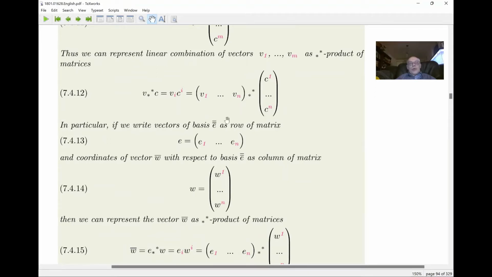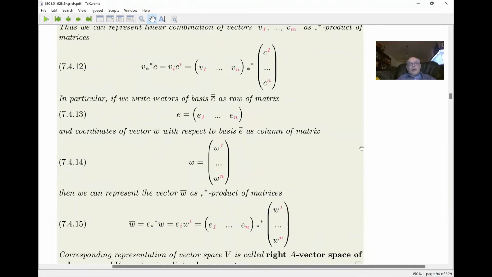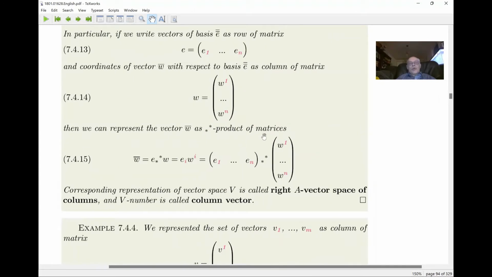In particular, if we write vectors of basis E as row of matrices 4.13 and coordinates of vector w with respect to basis E as column of matrix 4.14, then we can represent the vector w as CR product of matrices 4.15. Corresponding representation of vector space V is called right vector space of columns, and V number is called column vector.